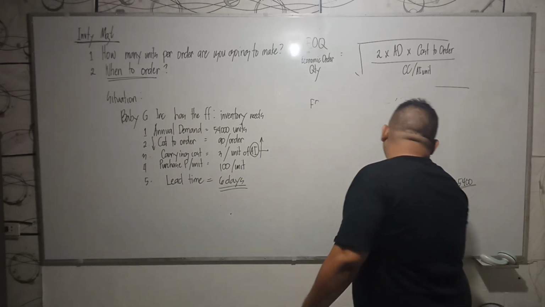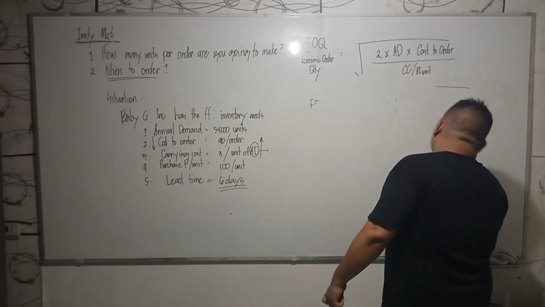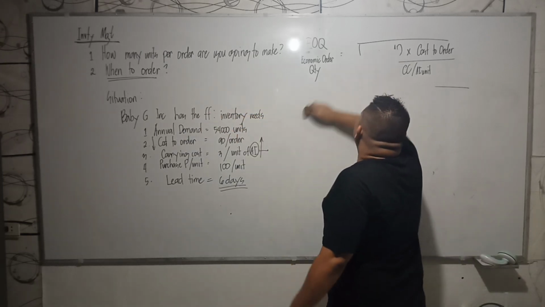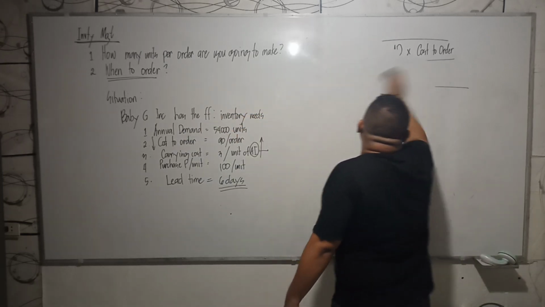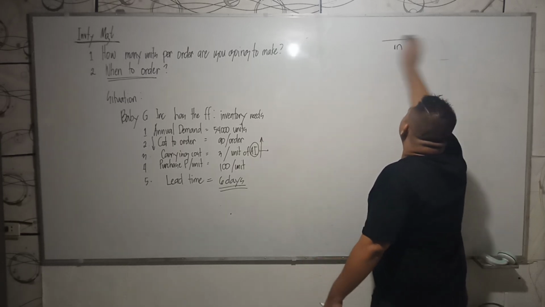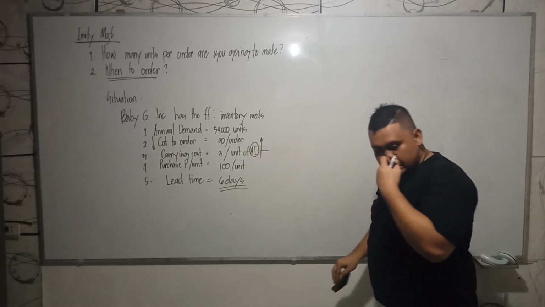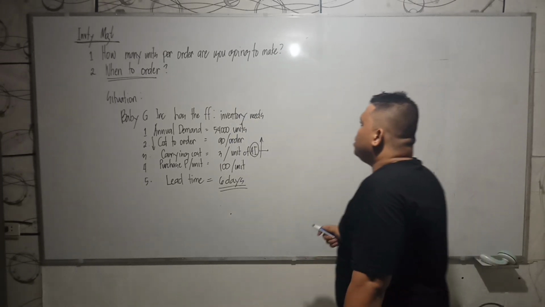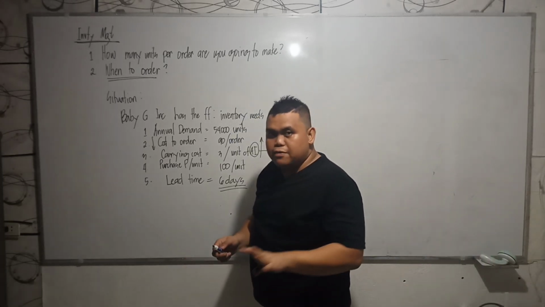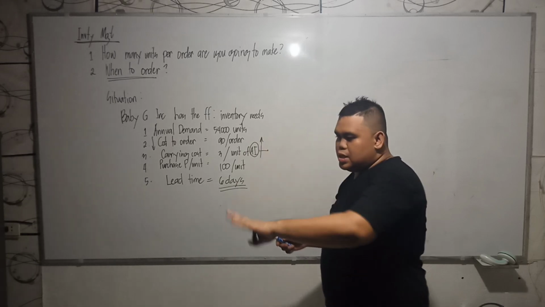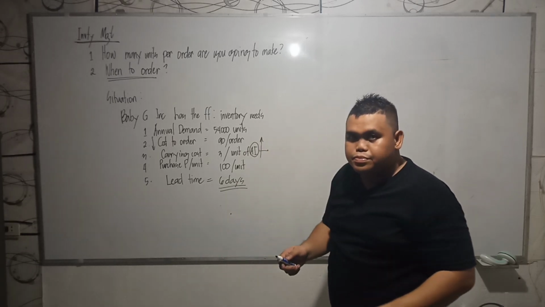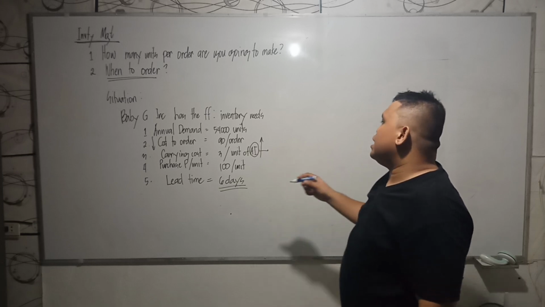That is very important in computing for the reorder point or this when to order. So again, this is not based on the time period. So not every month or every 6 months, but instead, it's based on the inventory level. So if this is only the level of the inventories, you have to order. Okay?